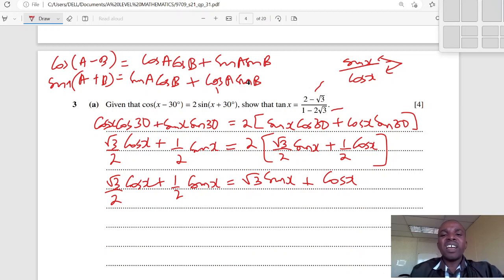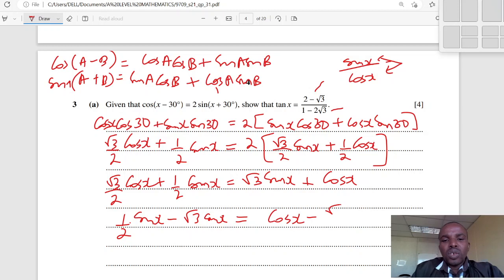So, in this case, for it to be minus root 3, I have to take cos to the right side and sine to the left side, such that it will be half sin x minus root 3 sin x equals cos x minus root 3 over 2 cos x.